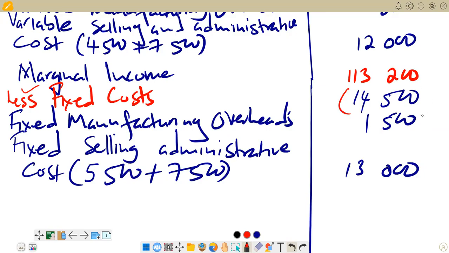Then when we subtract 113,200 minus 14,500, you get the figure that we are putting here, which is the net income. If you subtract the two, you are supposed to get 98,700. So it's coming here, 98,700, and this figure is the net income.